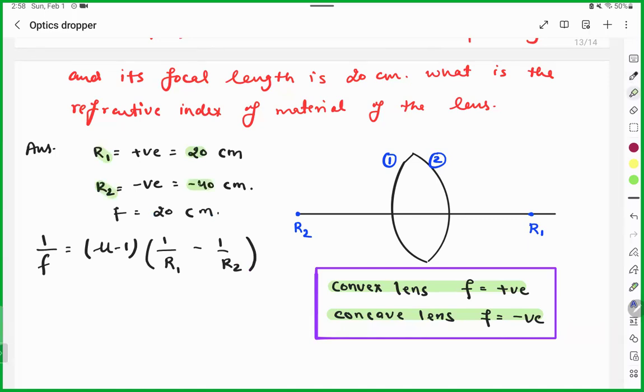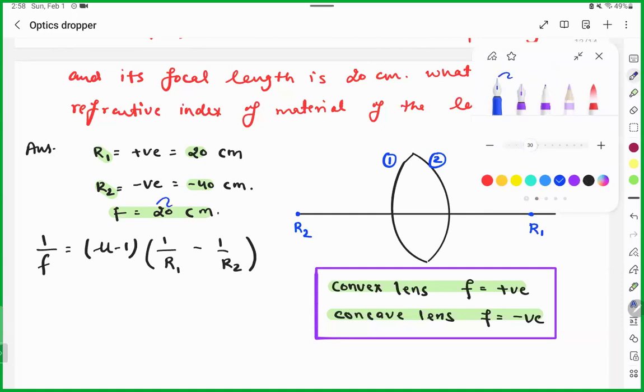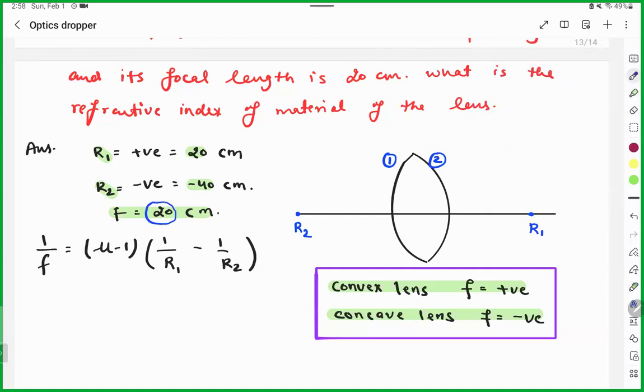Remember, in this situation the formula is easy, you can solve. Where can you make a mistake? In the sign convention. For example, if you take a negative sign for focal length, the answer will be different. If you take R2 as positive, or R1 as negative, the answer will be different. Okay, so I will not explain further, and all of you gave the right answer. The main point is which one will be positive or negative.